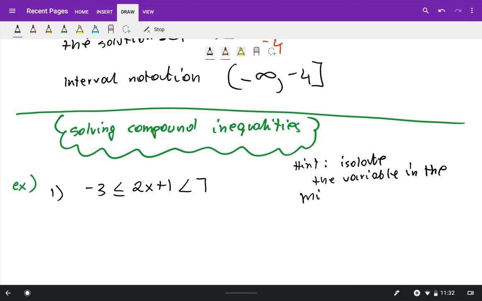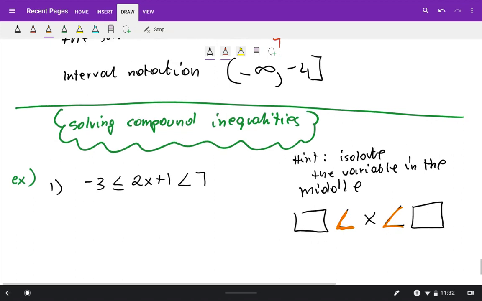So you want to have something like this: number less than or less than or equal to x less than a number. And of course, you may have a less than or less than or equal. This is what we want to have.